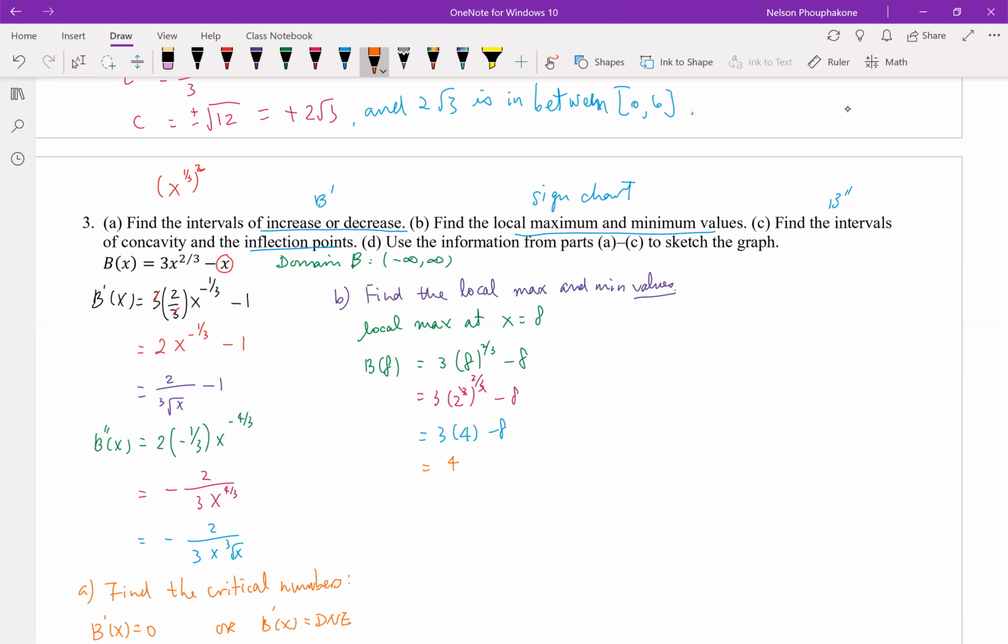And then now, how about my local minimum? At x equal to 0, then b of 0 is equal to 0. So in this case, I actually have a local maximum at 8, 4, and my local minimum is at 0, 0 then.